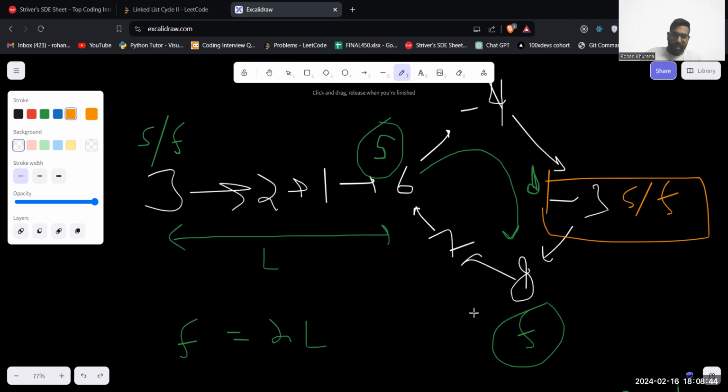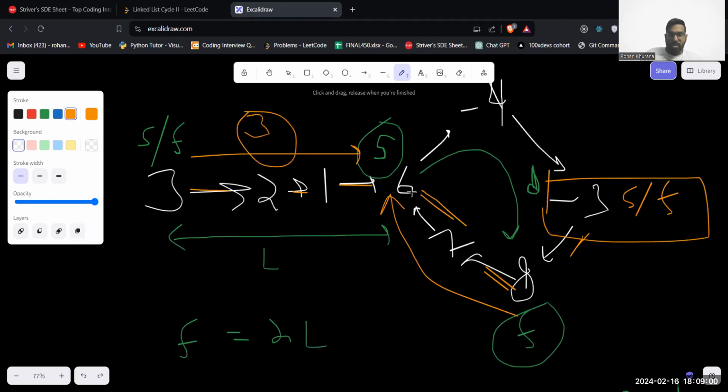Cool. Let's find out what this distance is. 1, 2, and 3, right? 3 steps. So this is three steps.